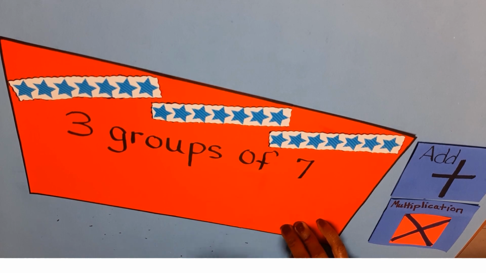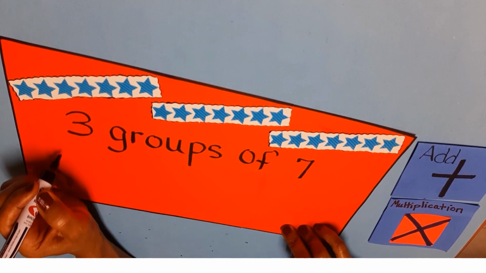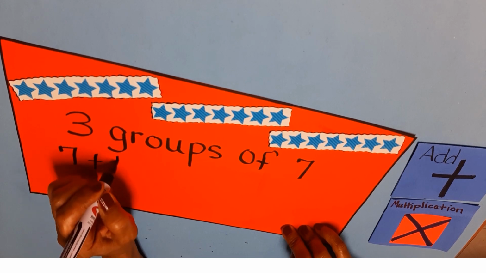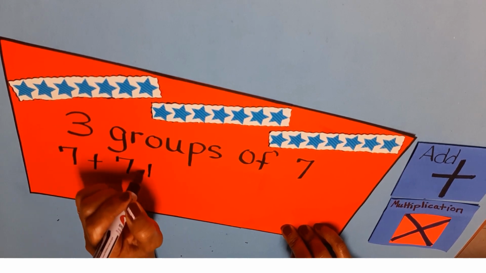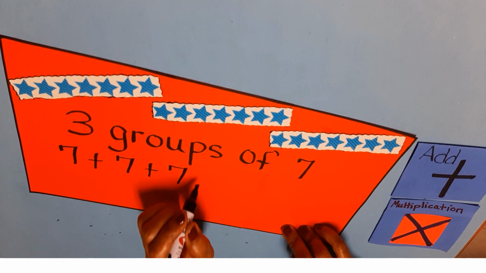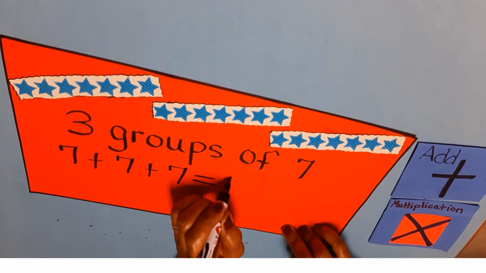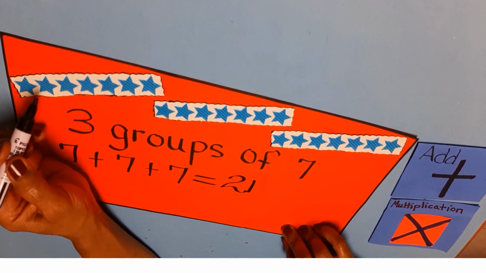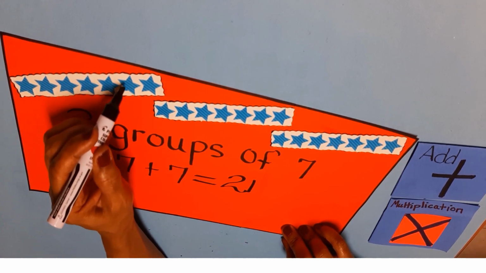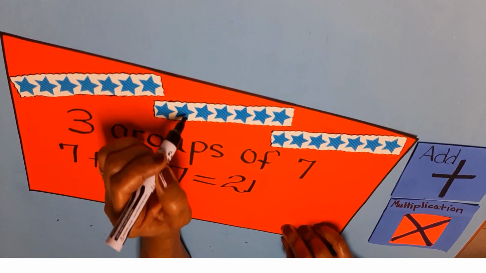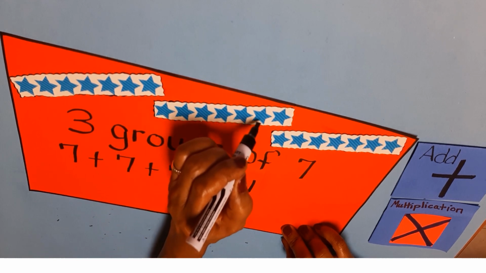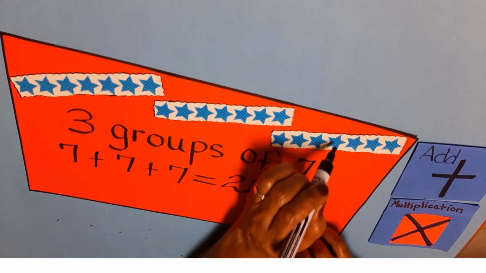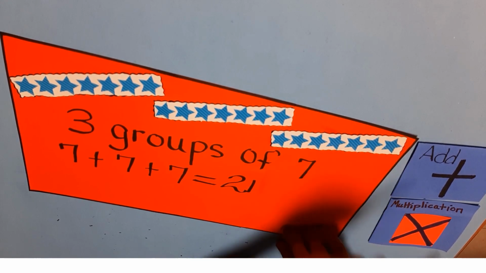And if we say 7 plus 7 plus 7 equals 21. Let's count it. 1, 2, 3, 4, 5, 6, 7, 8, 9, 10, 11, 12, 13, 14, 15, 16, 17, 18, 19, 20, 21.